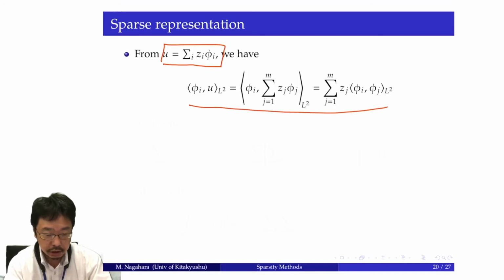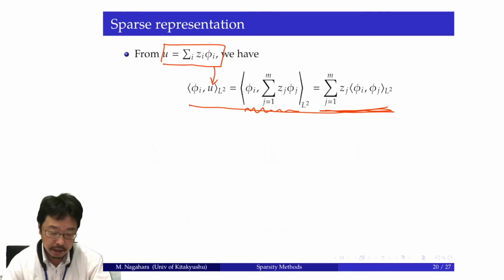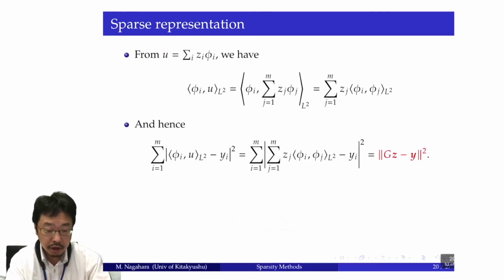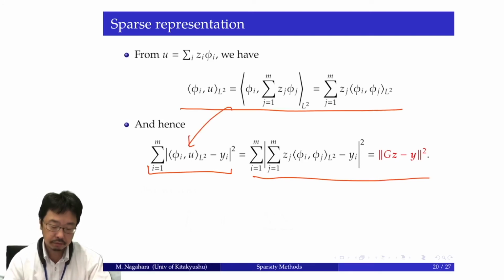Namely, inserting u into this, then we obtain this. And by using the linearity of the inner product, we have this expression. Hence, the first term in the cost function becomes this, inserting this formula into this.